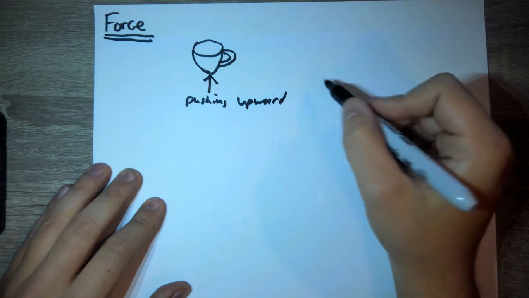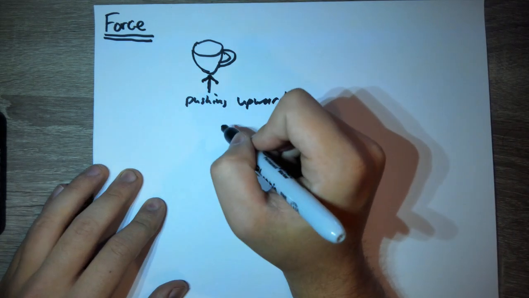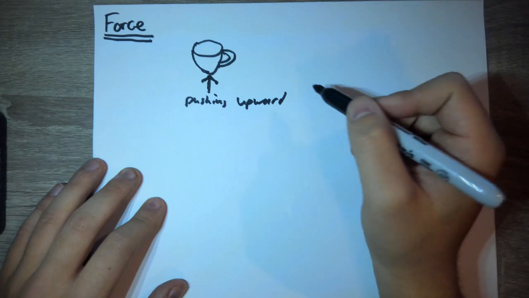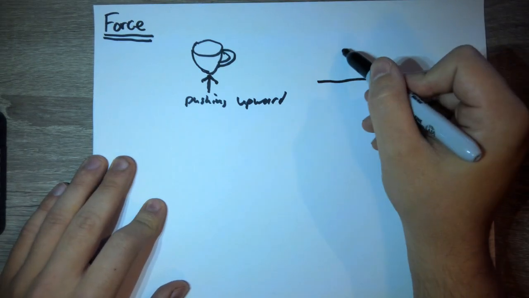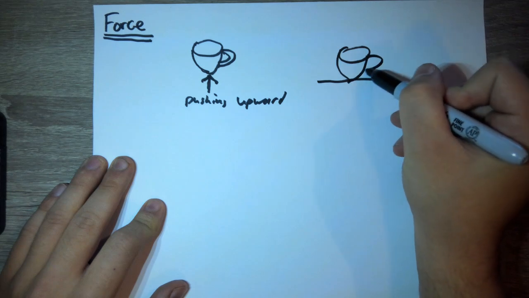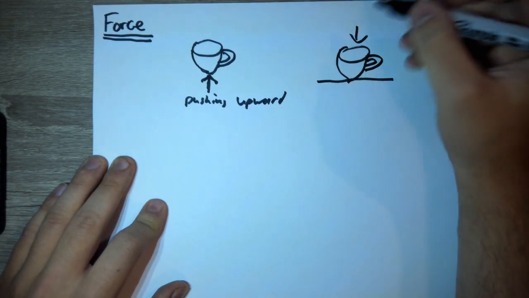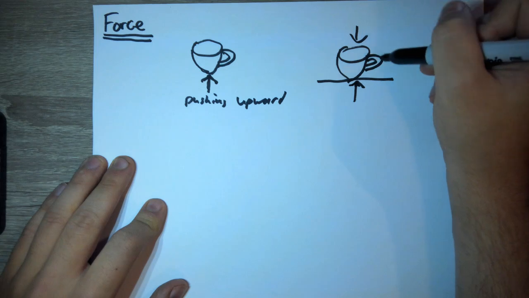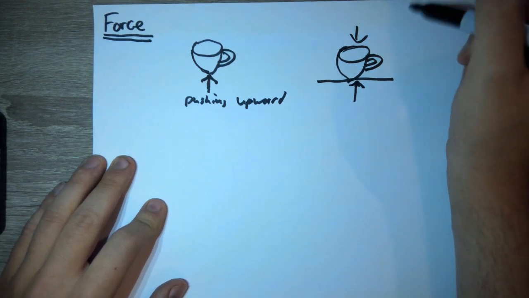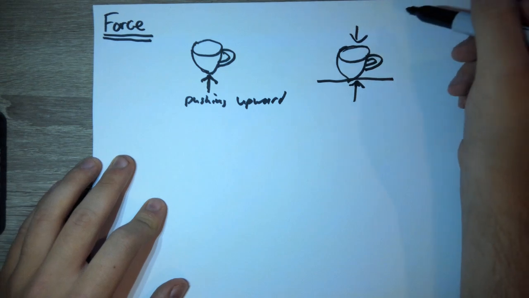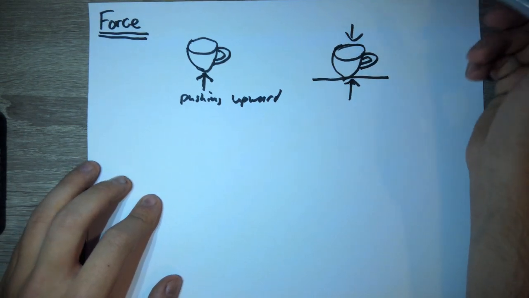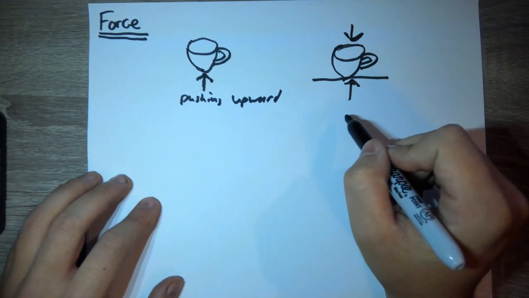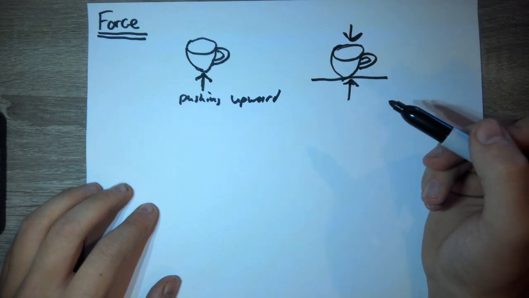And so that force has a direction because I'm pushing the cup upwards and thus exerting a force on it. If I put the cup down on the table, you have the force of gravity pushing down on it, and then the force of the table pushing back on it to keep it still. So force has to be applied in some direction, otherwise there's no force applied on it. So that's why force is a vector.